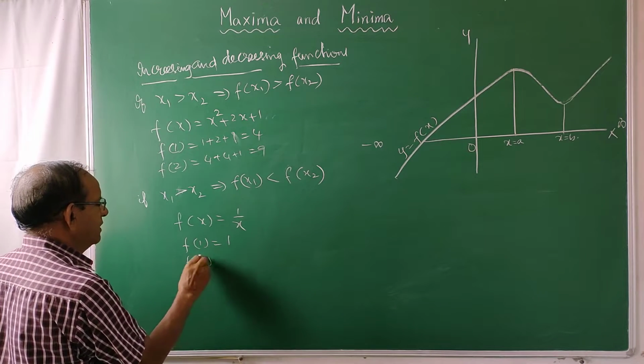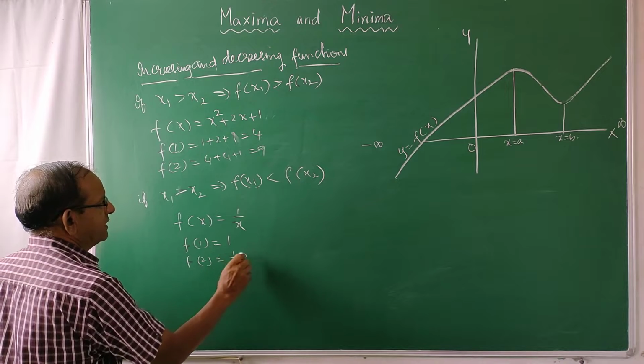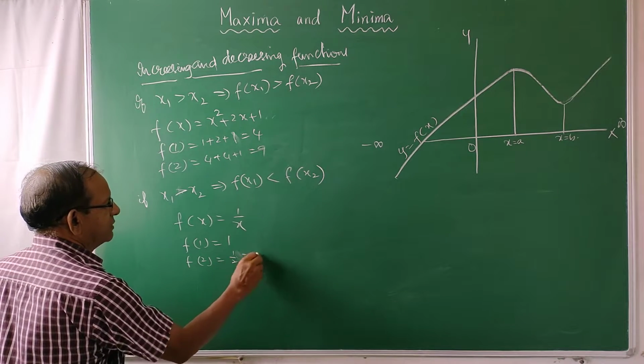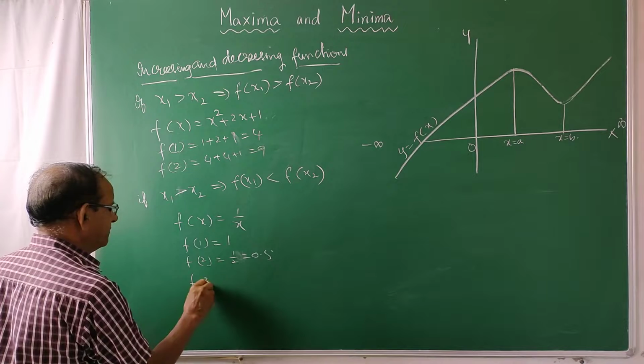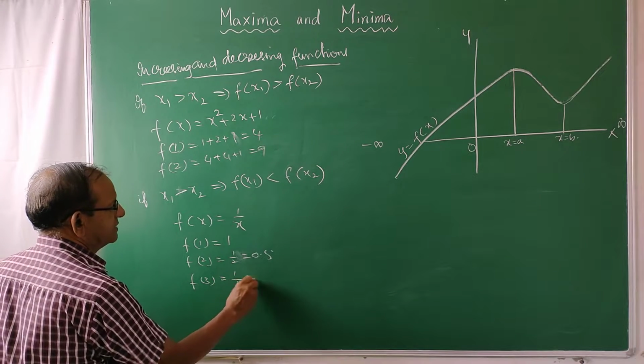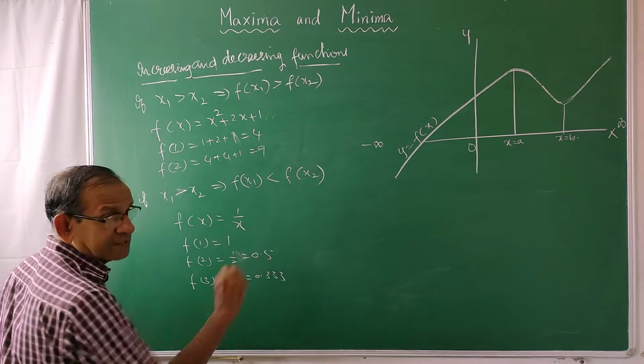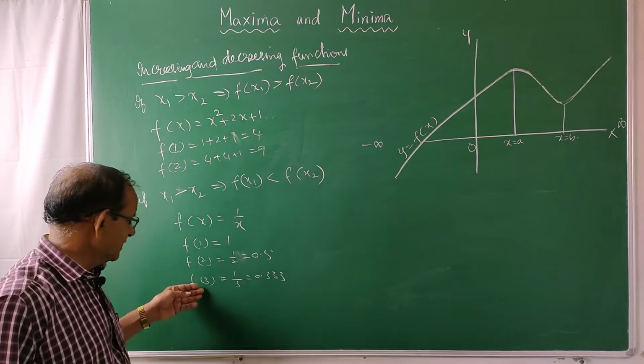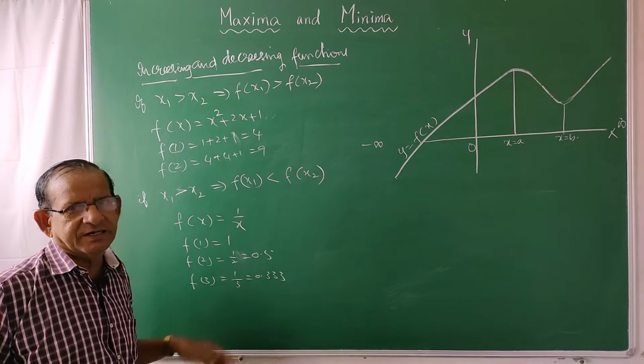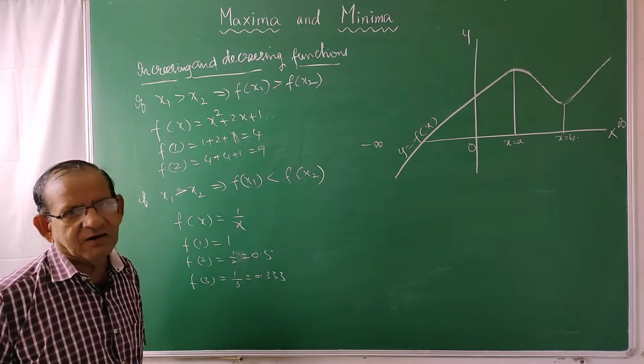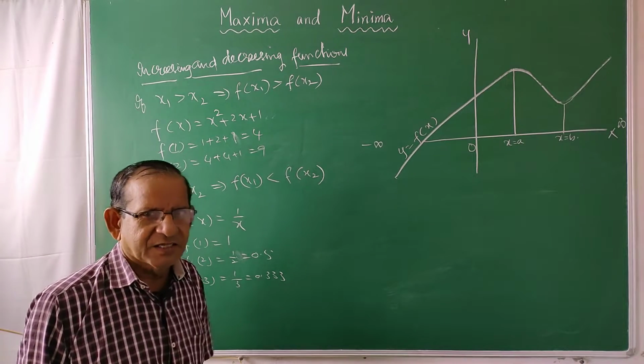F of 2? 1 by 2, that is 0.5. F of 3? 1 by 3, that is 0.333 approximately. So, as x value increases, f(x) value is gradually decreasing. So, such a function is called a decreasing function.